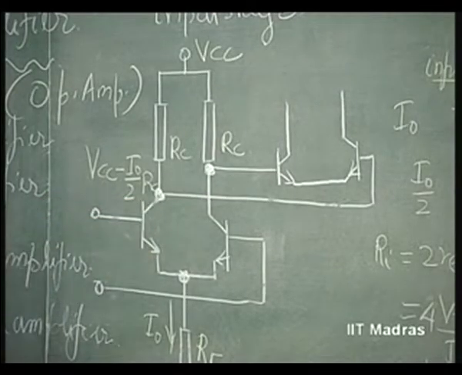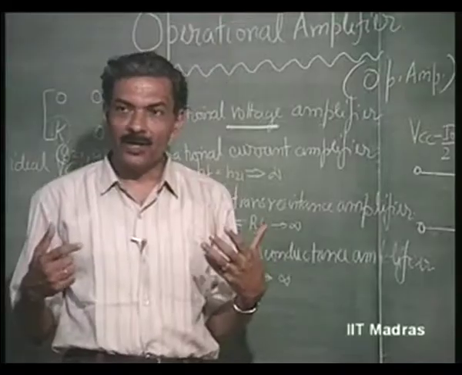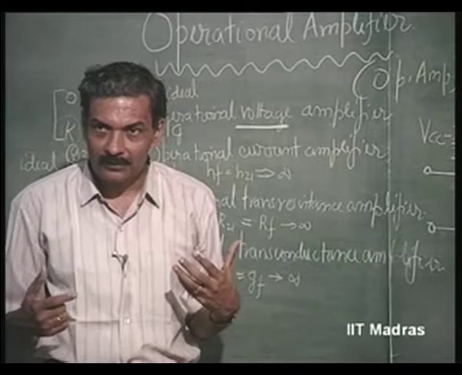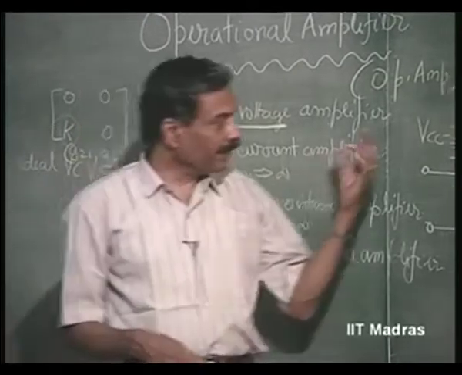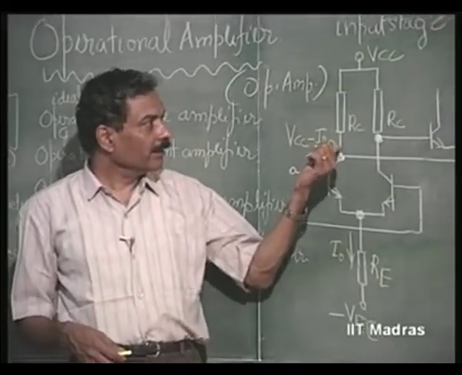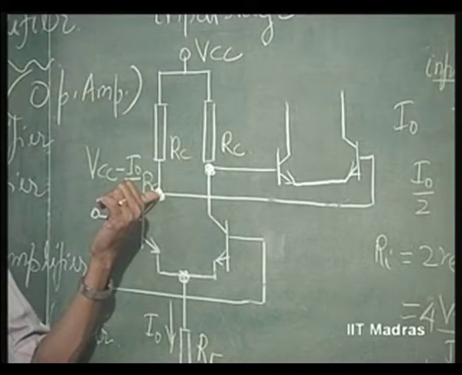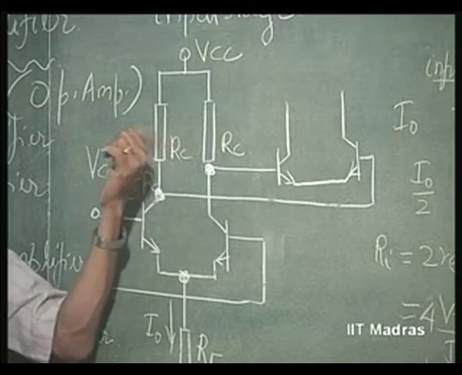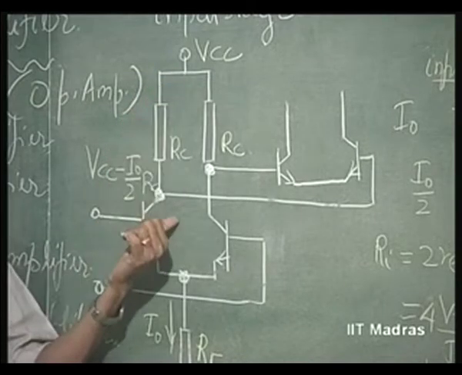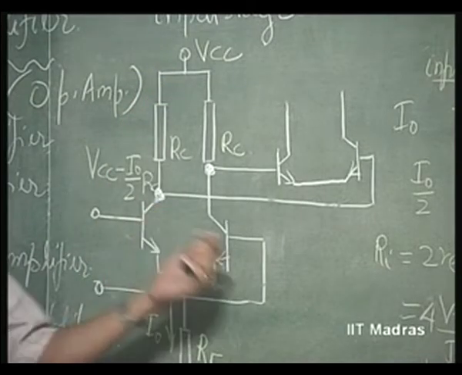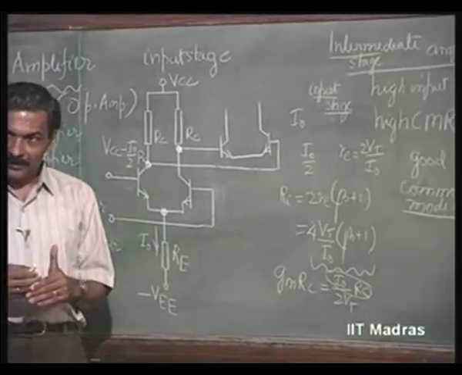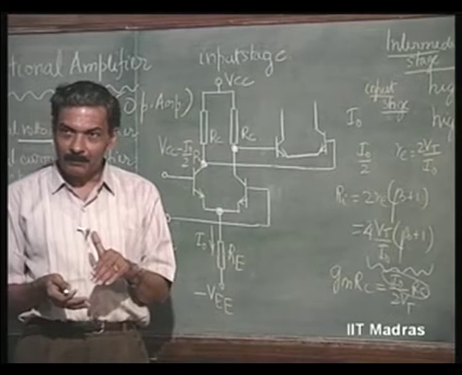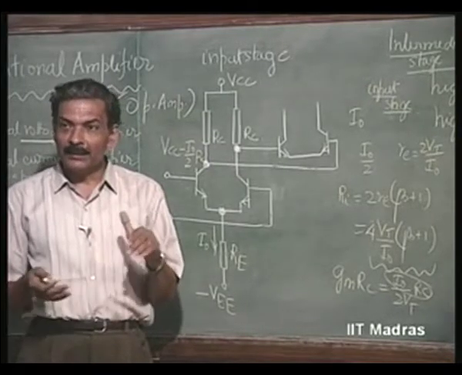Now, how to tackle this? This was a major problem in the initial stages of op amp design. Then they solved this by a very intelligent technique. Why should we use resistors here? These resistors give you a DC drop as well as AC. I use a component which gives low DC drop but high equivalent resistance.